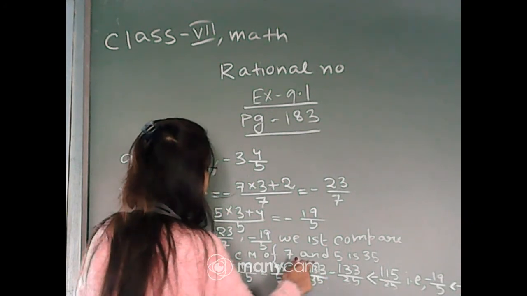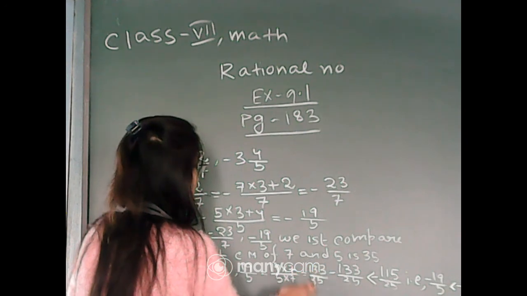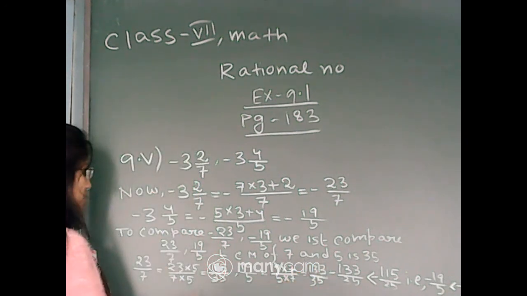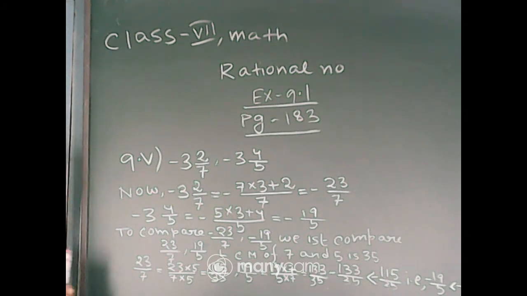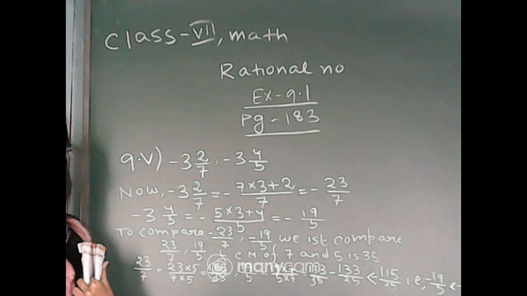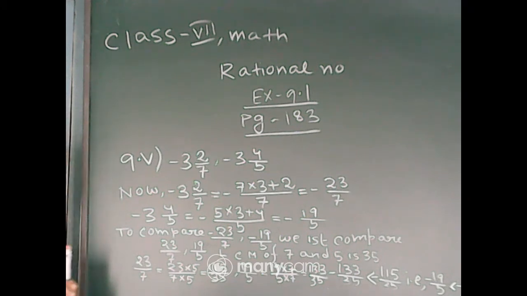And clearly 133 divided by 35 is greater than 115 divided by 35, and when we multiply both sides of greater than by a negative sign, greater than will become less than.